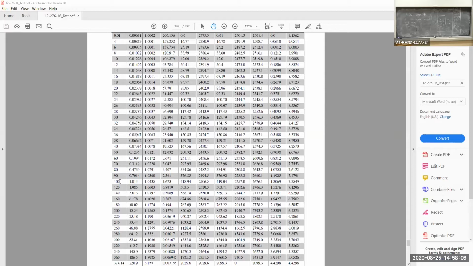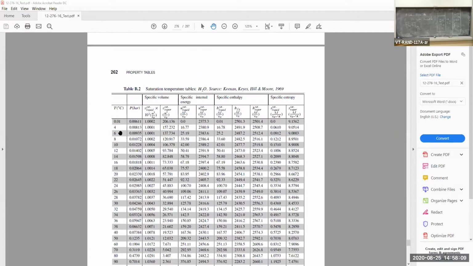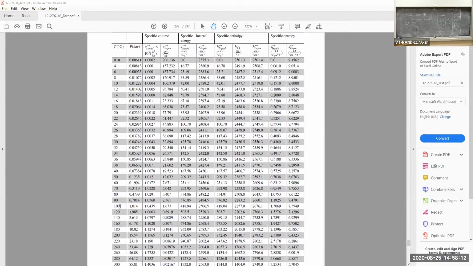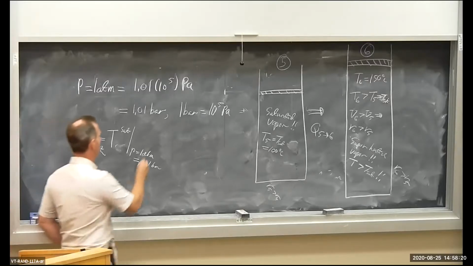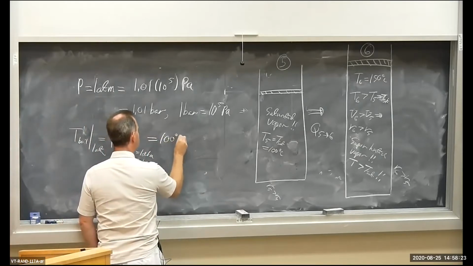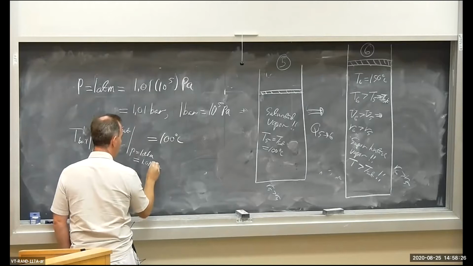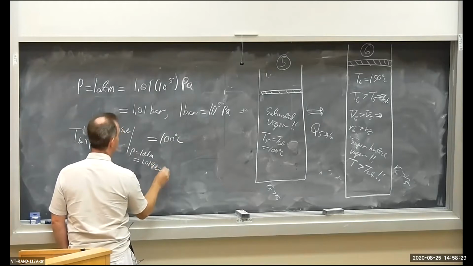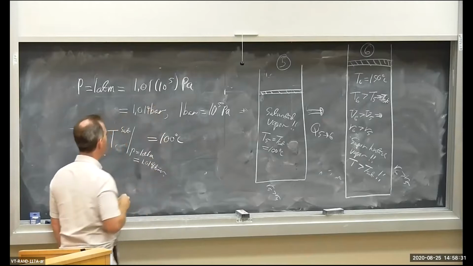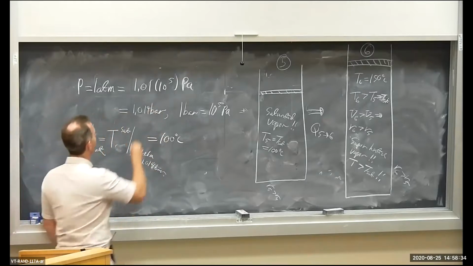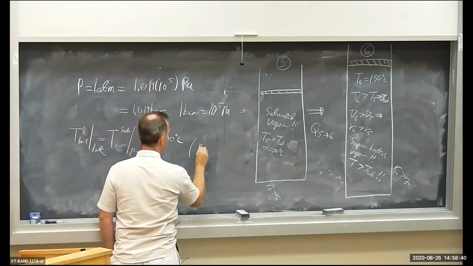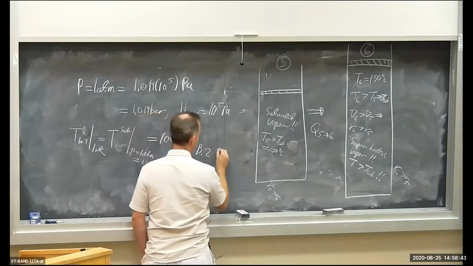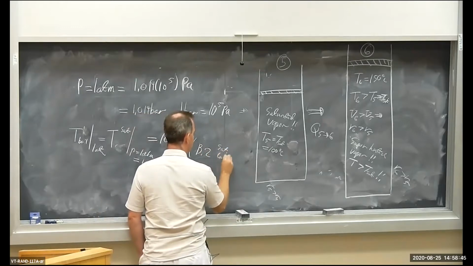T sat, or the boiling temperature, at 1 bar is 100 degrees C. It's actually 1.014 bar, if you want to be precise. So I'm going to put a 4 here. 1.014 bar. All right. And we got this from table B2, saturation tables.